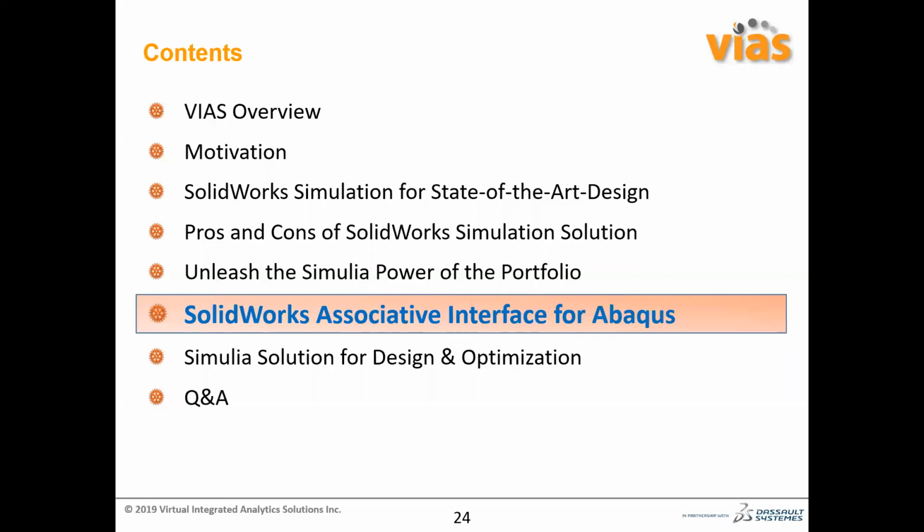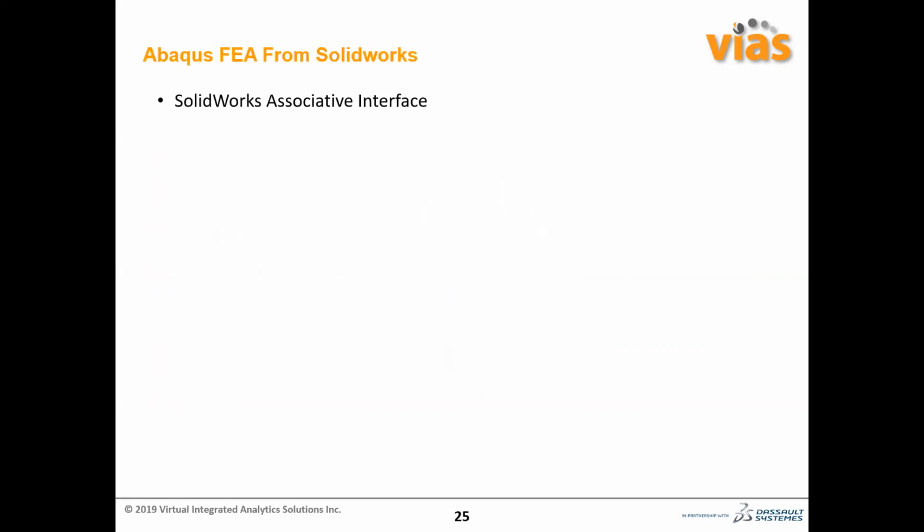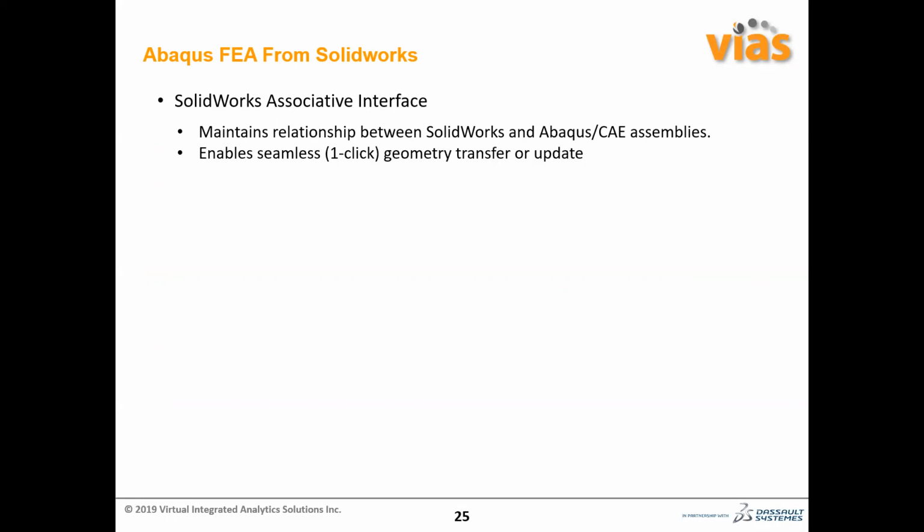So once you have a SOLIDWORKS model which we have simulated through SOLIDWORKS Simulation, you can bring that model directly to Abaqus CAE using an associative interface without losing any data. The process maintains a relationship between the SOLIDWORKS and Abaqus CAE assemblies, and it enables a seamless geometry transfer or update.